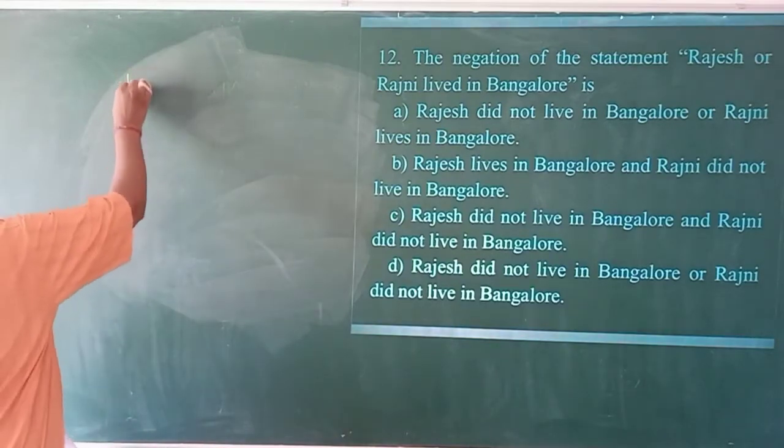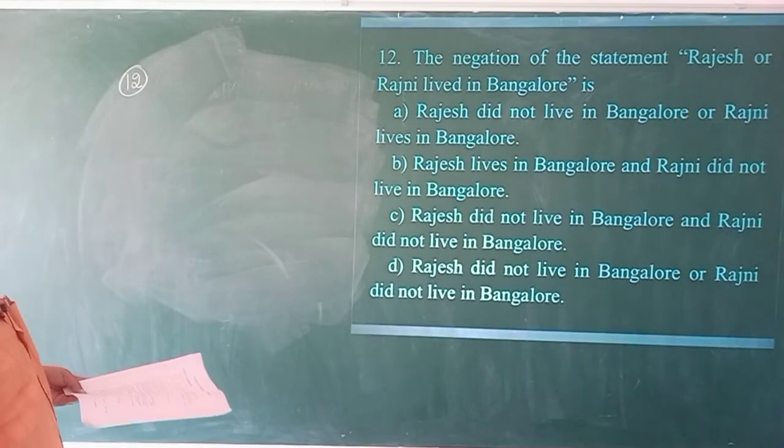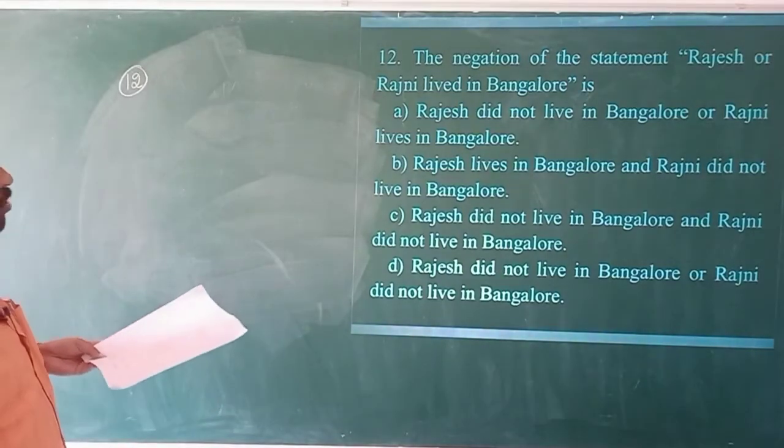Twelfth one. The negation of the statement: Rajesh or Rajni lived in Bangalore.